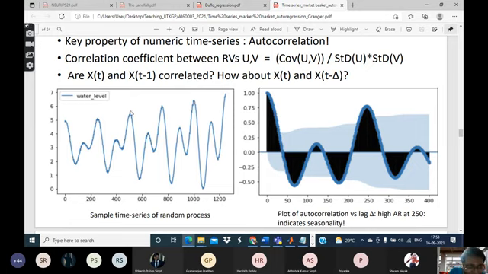Say this point and this point, the difference between them may be roughly 250, or similarly this point and this point, the time lag between them may again be roughly 250. That means at intervals of 250, if at any given time the time series is rising, then you can expect that 250 time steps later another rise will happen.